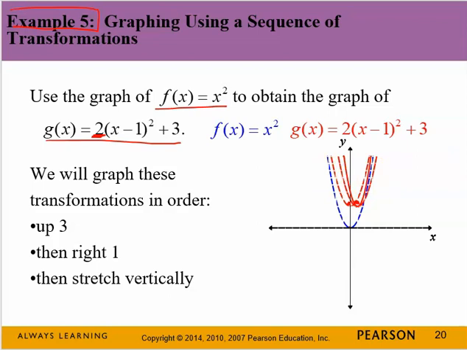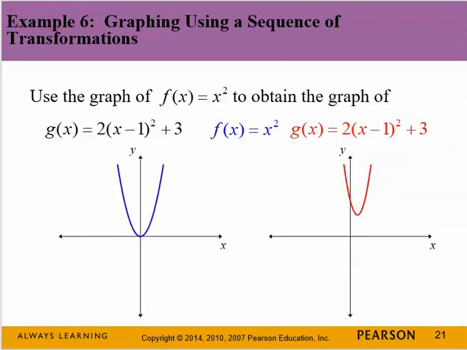All right, now for our last. We're calling this example 6, but it's actually like 5a. We can call it 6, that's fine. So this is where we started originally.